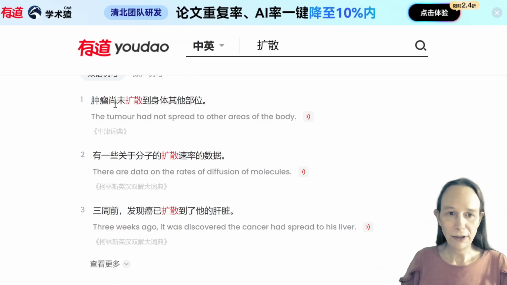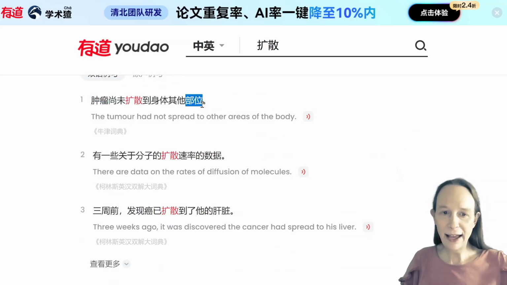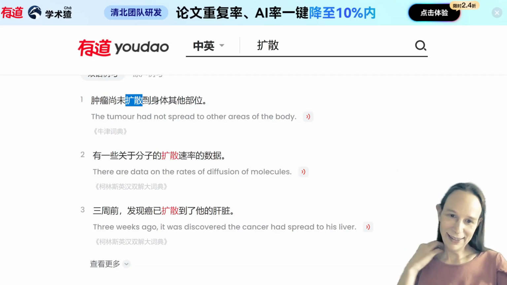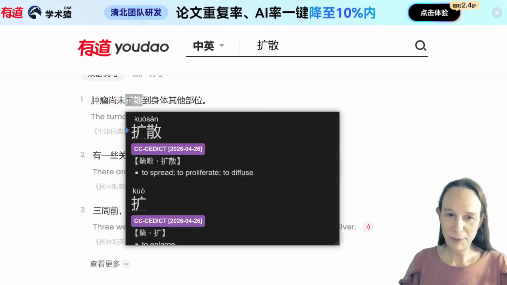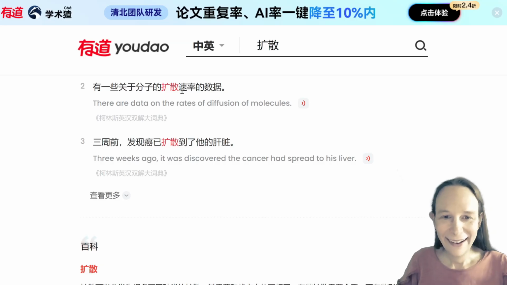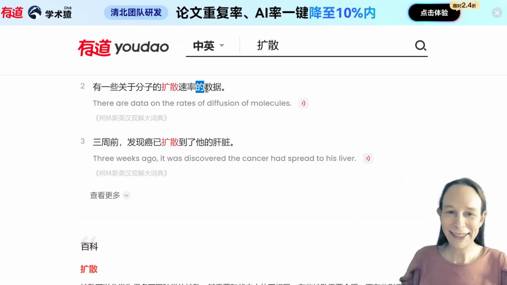Okay, 肿瘤, 尚未扩散到身体其他部位. So if a tumor metastasizes, it spreads to another part of the body. 扩散, spread to another part of the body. 有一些关于分子的扩散速率的数据. You're not meant to use a double duh.